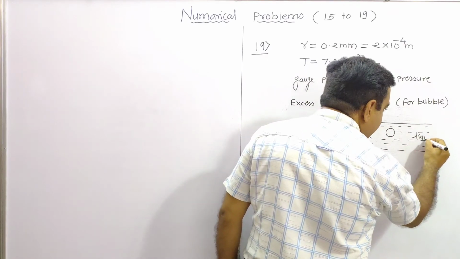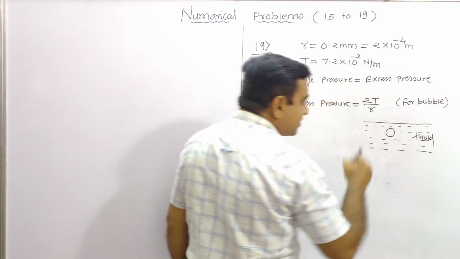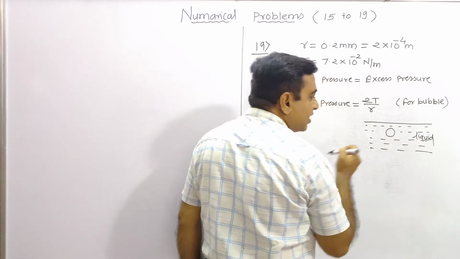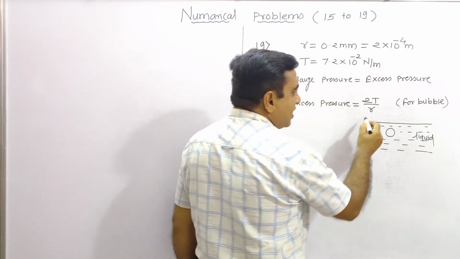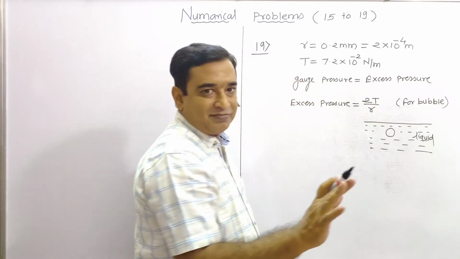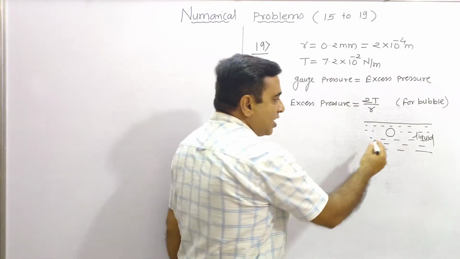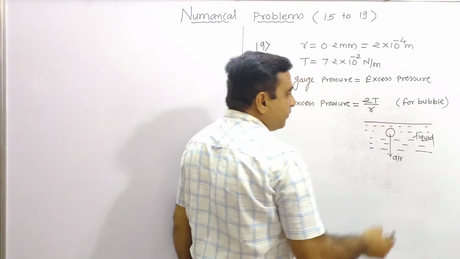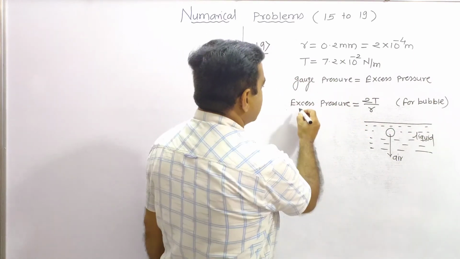This is liquid. How many surfaces are in contact with the air? Only one surface is in contact with the air. And that's why instead of 4T upon R, it is 2T upon R. Okay? Because here it is the air which is in contact with that. So here it is the excess pressure.